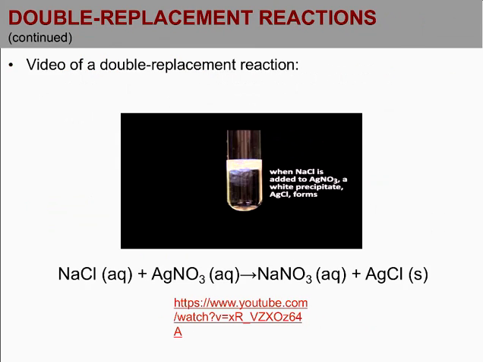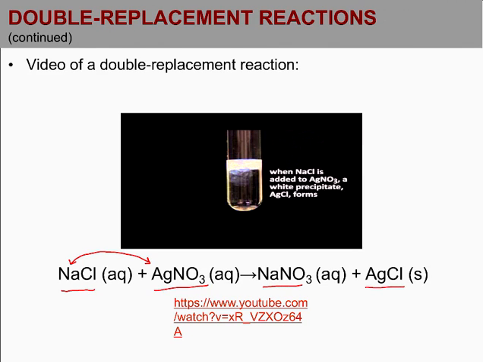And here we have another example of a double replacement reaction. So when sodium chloride, or table salt in its aqueous form, reacts with silver nitrate, silver and sodium are going to flip places. So we end up with sodium nitrate and silver chloride.